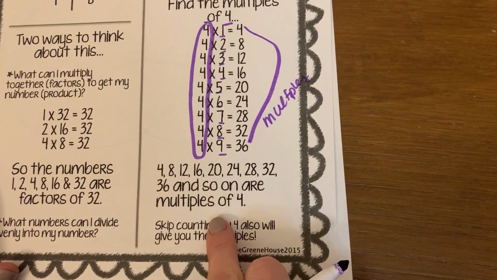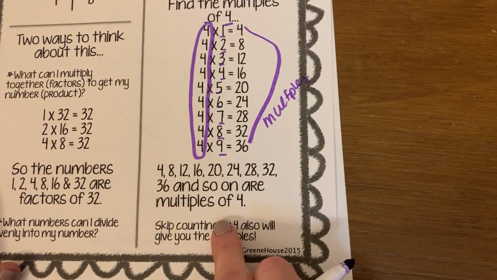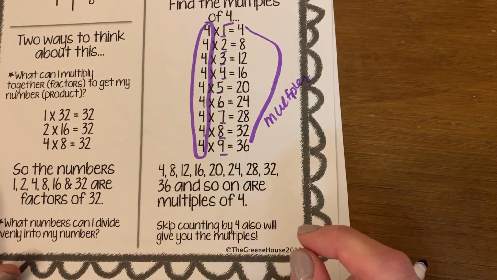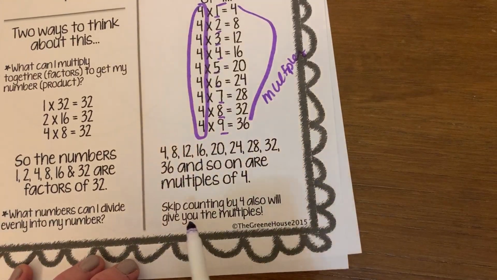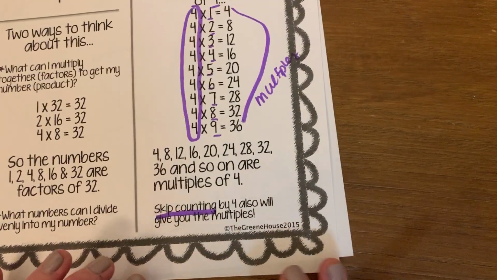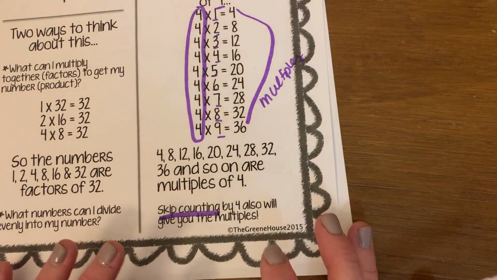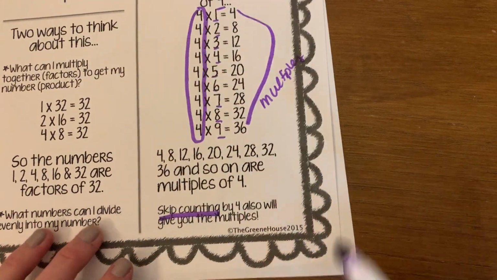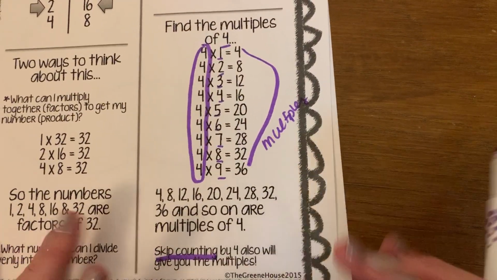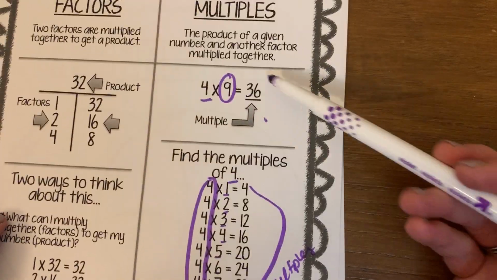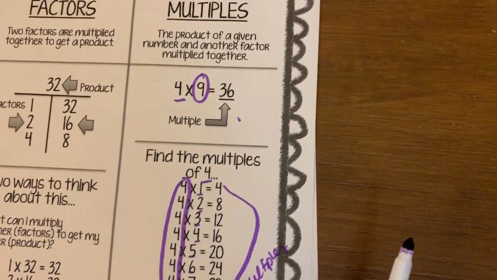So it says here 4, 8, 12, 16, 20, 24, 28, 32, and so on are multiples of 4. Another thing is you can think about it as skip counting. If you're not quite sure about just listing all the factors, you can always skip count, okay? So that is how we can solve multiples, all right?